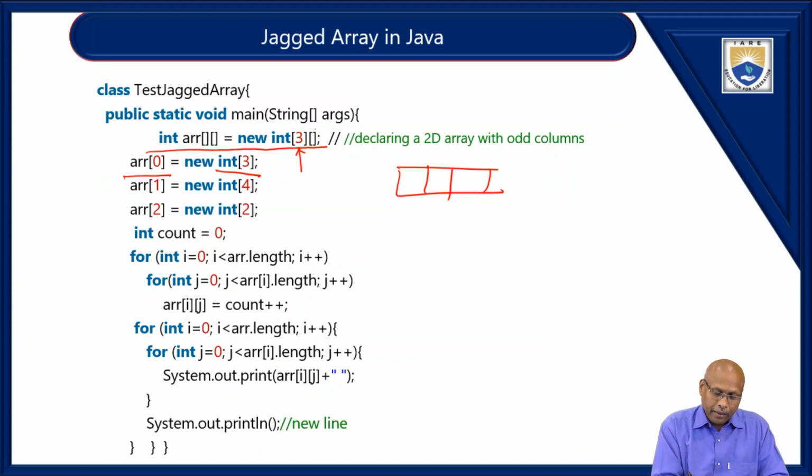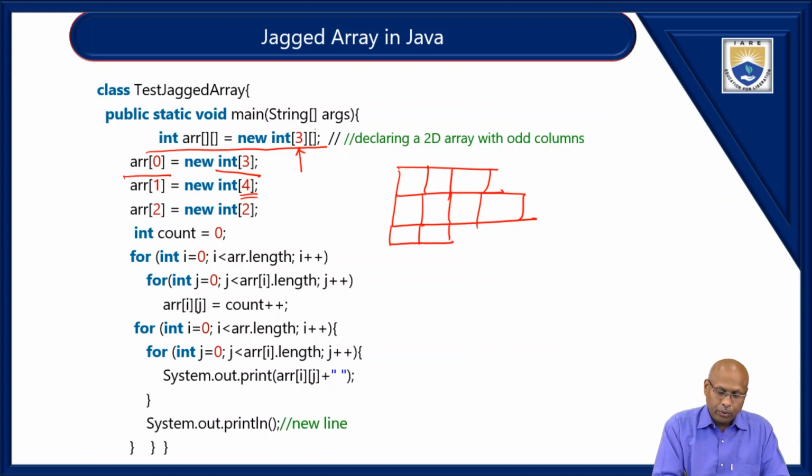Then array[1] will have 4 elements: 1, 2, 3, 4. Array[2] will have only 2 elements: 1 and 2. 0th row, 1st row, 2nd row. The number of rows is 3, but the number of elements of each row is changing. So what type of array is this? This is a jagged array.